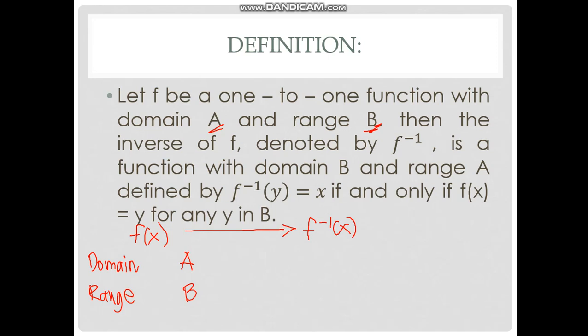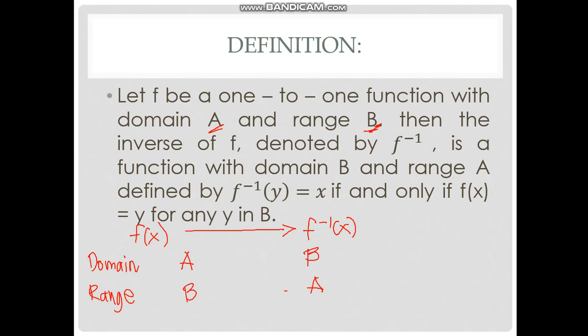It is a function with domain B and range A defined by the inverse of f of y is equal to x if and only if f of x is equal to y for any y in B. So meaning, in the inverse of the given function, your domain will now become the range, and the range will now become the domain of the inverse.